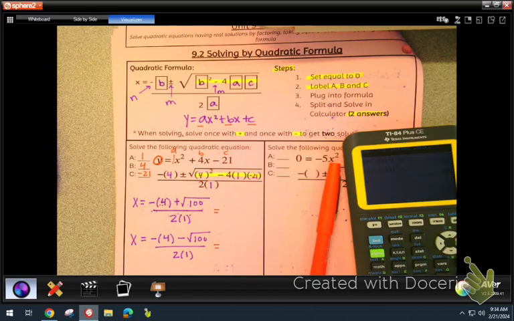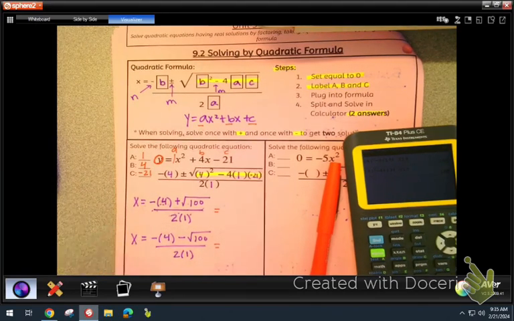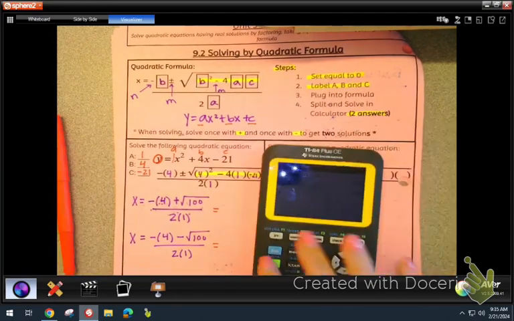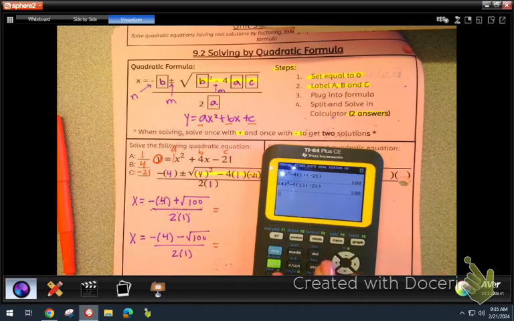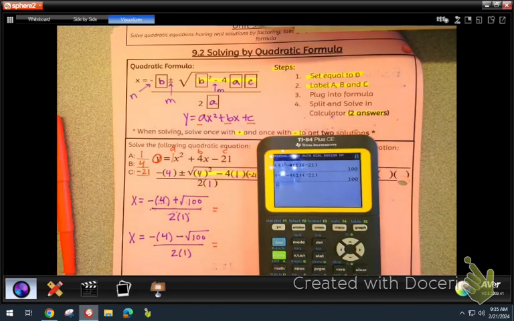Okay? All right, here's how we're going to type this. We're going to put it in as a fraction. How do we get a fraction in our calculator? Alpha y equals enter. And again, we're going to do exactly what we've written. Negative 4. You can do it in your head if you don't want to use your calculator.